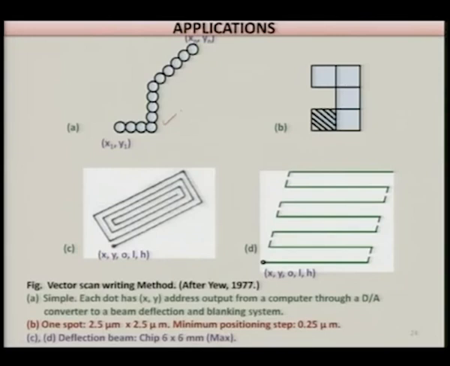Then one spot of 2.5 micron by 2.5 micron, as you can see here, has been created with the help of the EBM process, and in the case of C and D, deflecting the beam on the chip, they have made certain circuits of 6 by 6 millimeter, as you can see here.